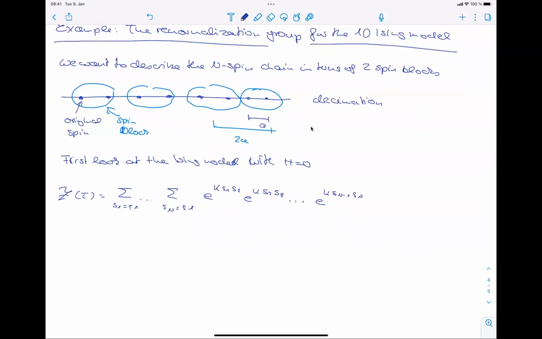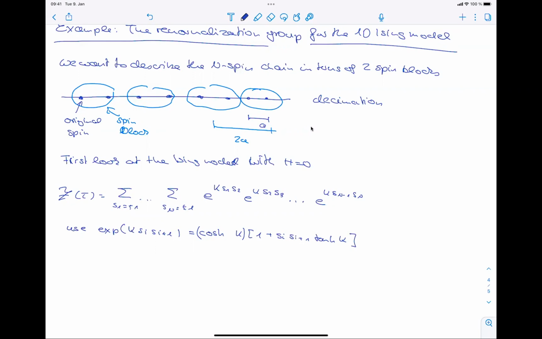And we can use, as before, that we can write the exponent of k s_i s_(i+1) as a hyperbolic cosine of k times 1 plus s_i s_(i+1) times tanh k.